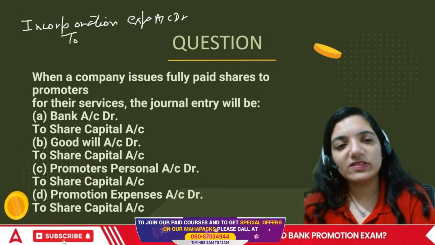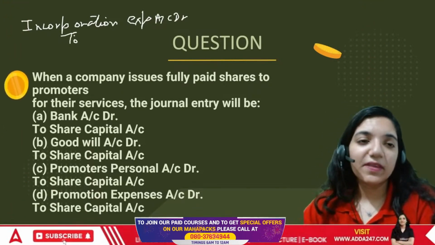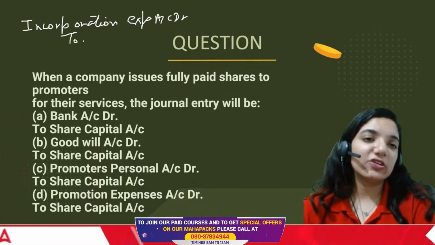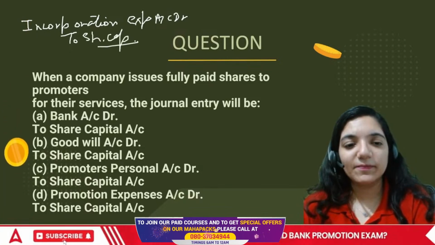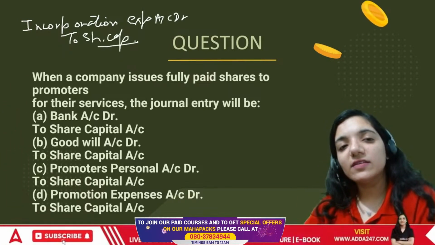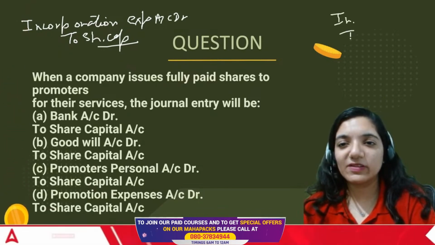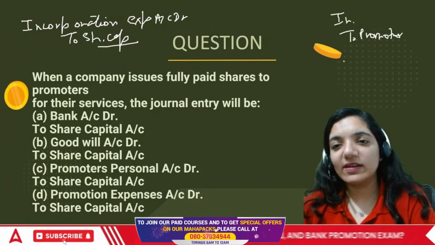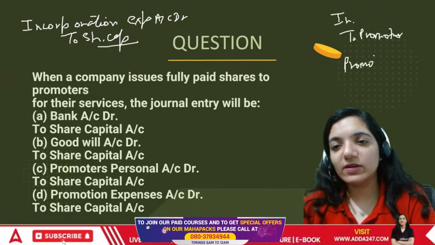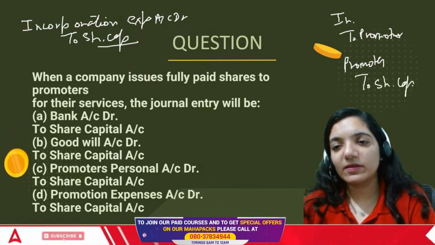Incorporation expenses to... We are not paying them in cash, are we? No. We are paying the promoters in terms of shares. So can I say to share capital? Either this is the journal entry, or you have incorporation expenses to promoter, and then you pass the journal entry promoter to share capital.